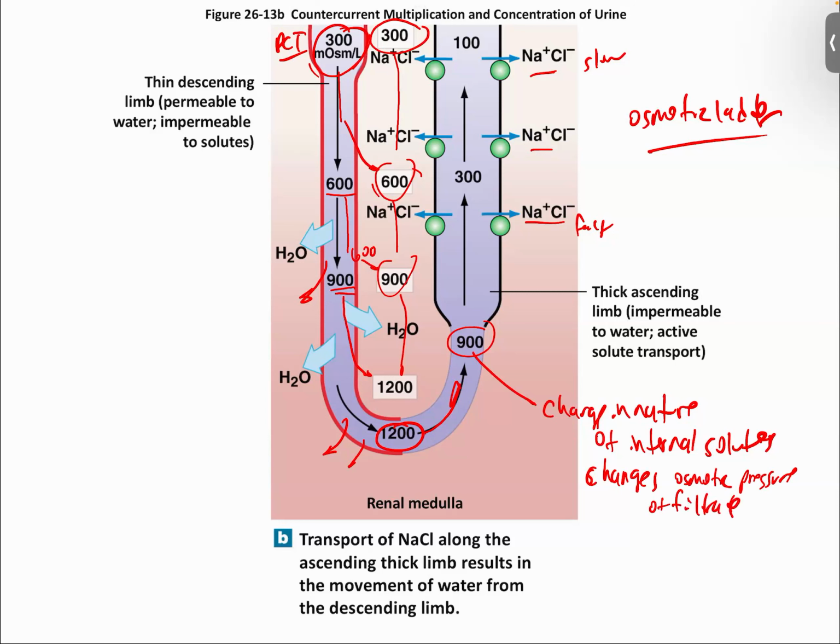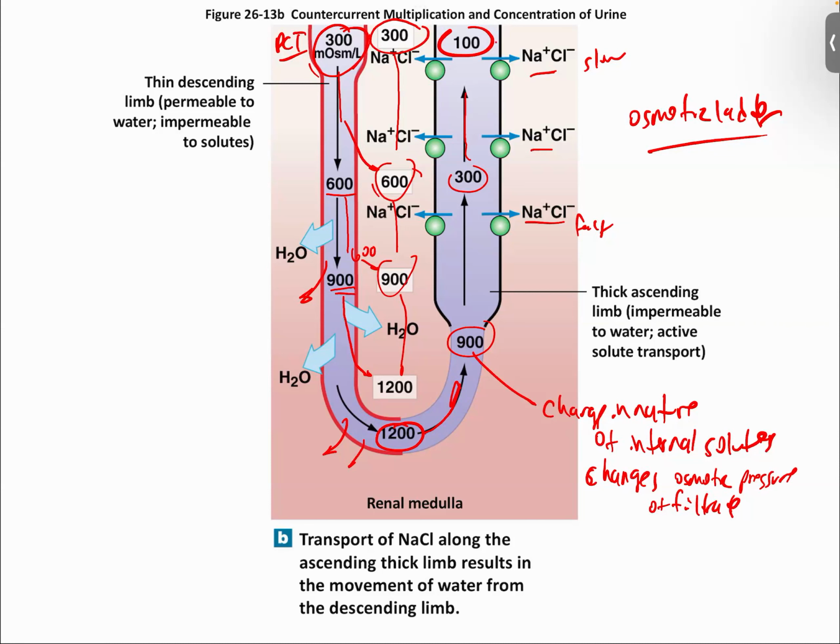It's an internal change in these solutes that causes this change. It's at about 900 as it moves into the ascending limb, and then you start dumping sodium chloride, and that sodium chloride is reducing your dissolved solutes, which means you're making it more and more dilute. So it gets back up to 300, and then as it gets higher, you come to 100. So you've dumped out a lot of sodium and a lot of chloride from this system.